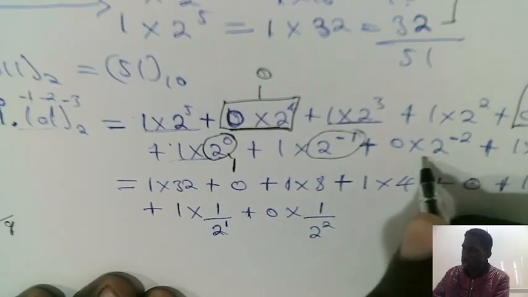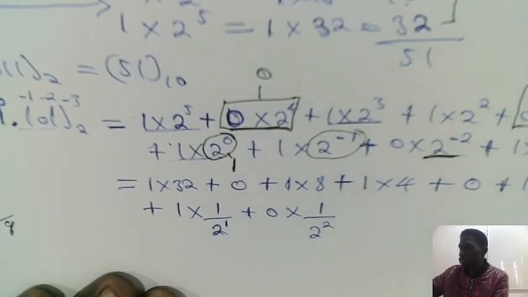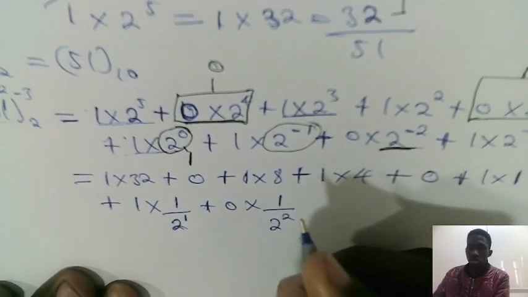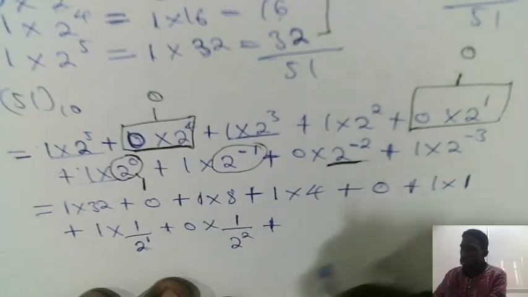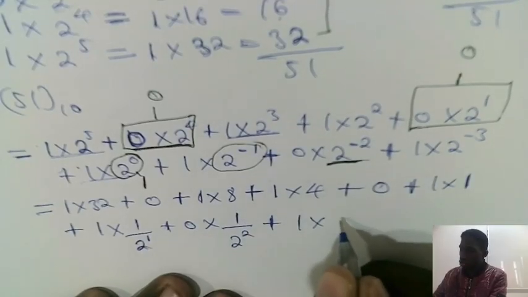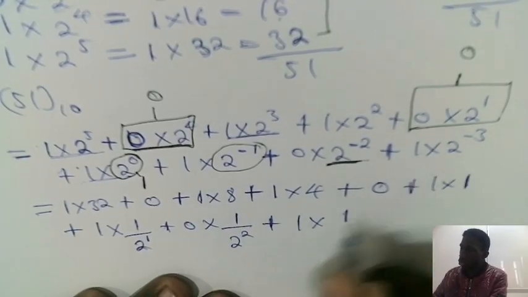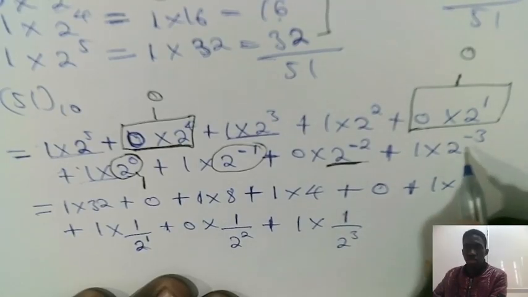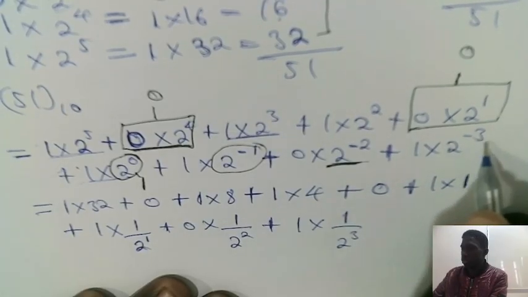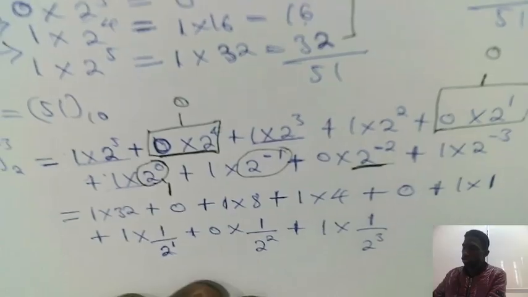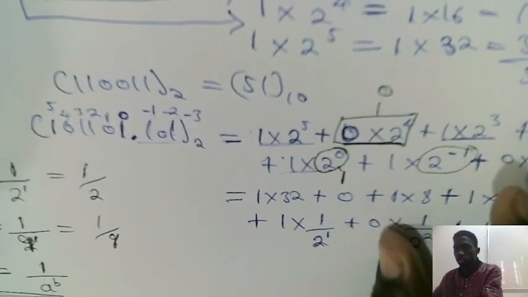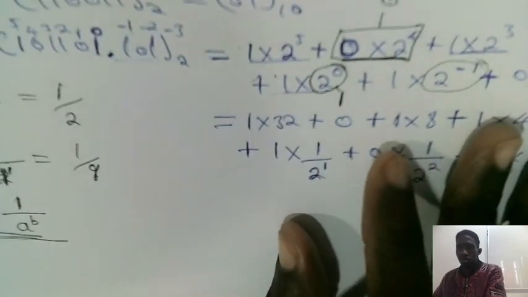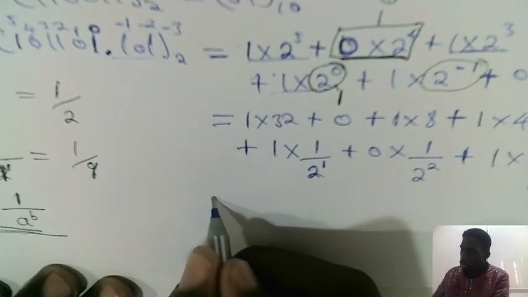Because 2 to the power minus 2 is 1 over 2 to the power 2, plus we've got 1 times 1 over 2 to the power 3. So let's see what we've got at the end.